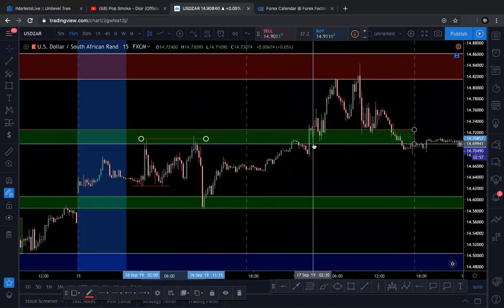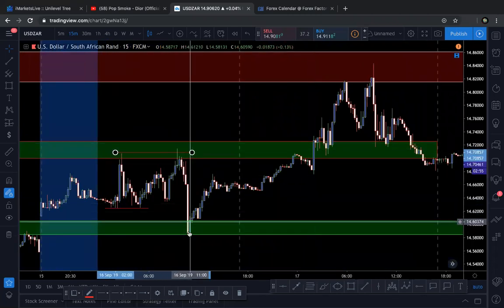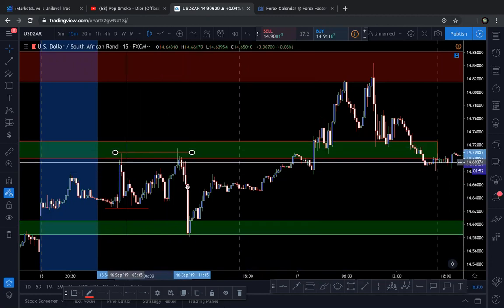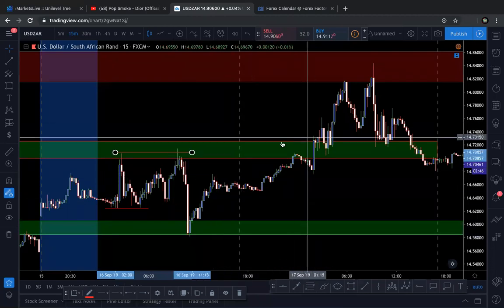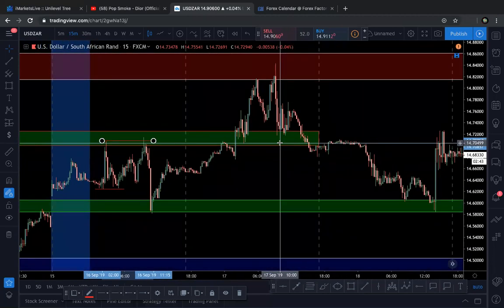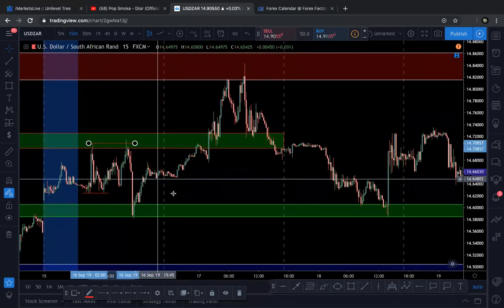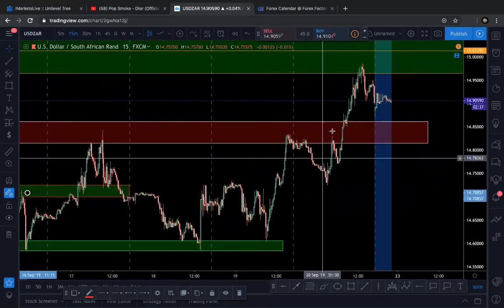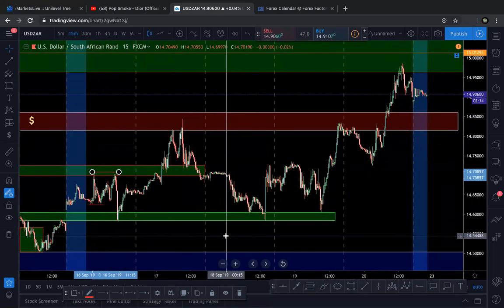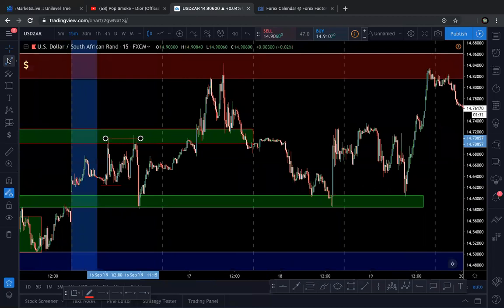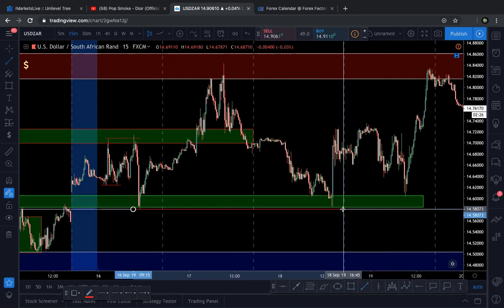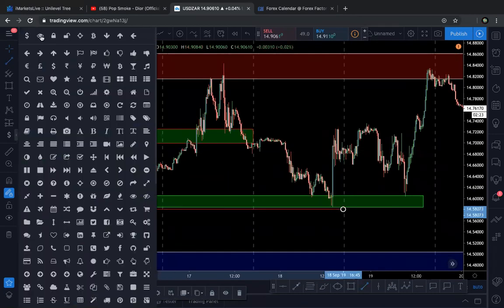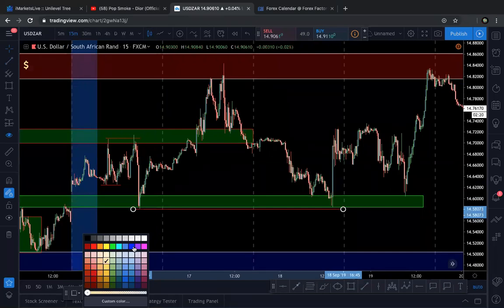So realizing that when we broke this low, the whole model is create the W to create the M to take out the W to take out the M. Because the next model is they create the M to create the W to come take out the M to eventually come take out the W. Right, because we have a bigger equal low point, right? So we're looking for the equal lows and the equal highs, right? So as far as the run on the liquidity, the run on the money spots, they design these positions to take them out.